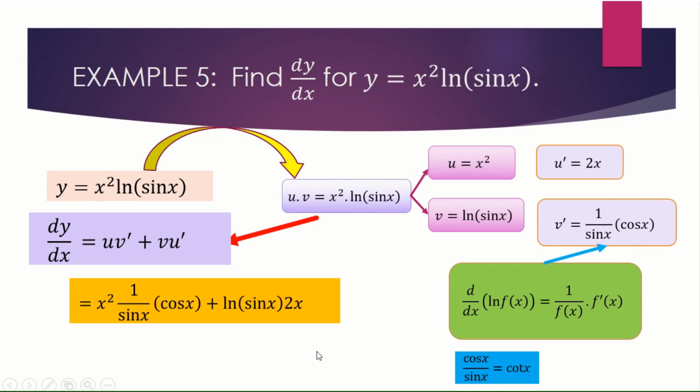Since cos x over sin x is cotangent x, we can simplify it as x squared cotangent x plus 2x ln sin x. Here we can also take out the factor x, so we can write x bracket x cotangent x plus 2 ln sin x.